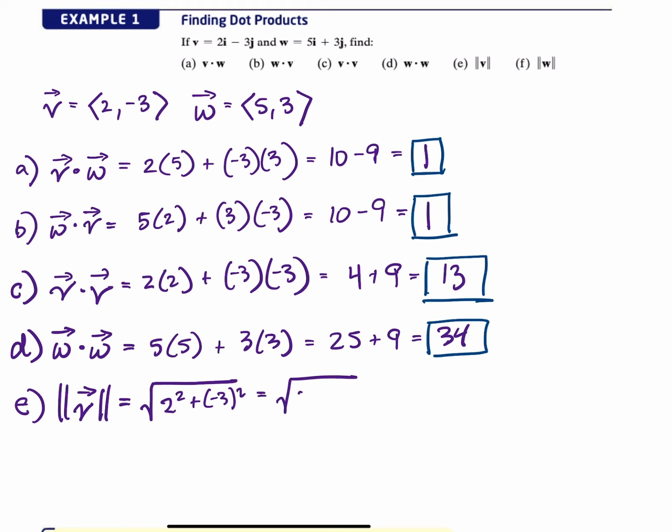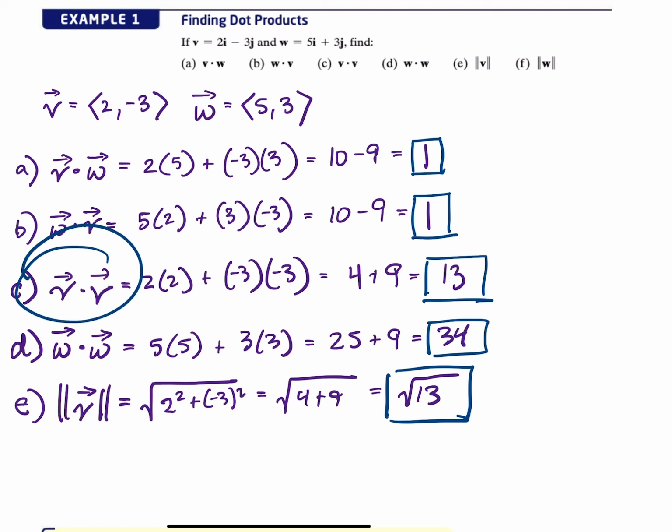So that's the square root of 4 plus 9, or the square root of 13. So notice when we dot a vector with itself, we get basically what's underneath the square root. v dot v is 13, where the magnitude of v is the square root of 13. So we could say a vector dotted with itself is equal to the magnitude squared. That could be another relationship.